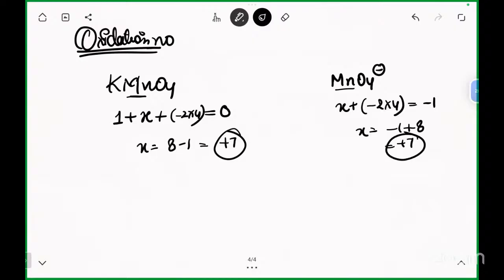Just remember, if oxygen is present with a highly electronegative element, then oxygen can have a -1 charge, or oxygen can be in the positive form. This is quite important.